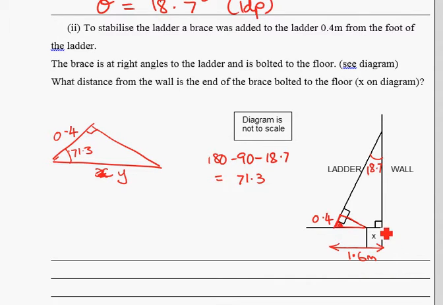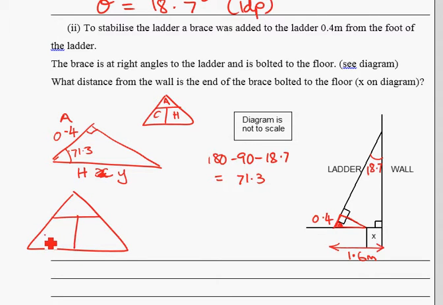So if I know the whole side, I could minus off this hypotenuse here, and that would give me x that I'm looking for. So this is a hypotenuse, this is an adjacent side, so it's a CAH problem. We're using cosine, putting everything we know into the triangle, cos of 71.3, CAH, A over the hypotenuse. Now this is a division problem.